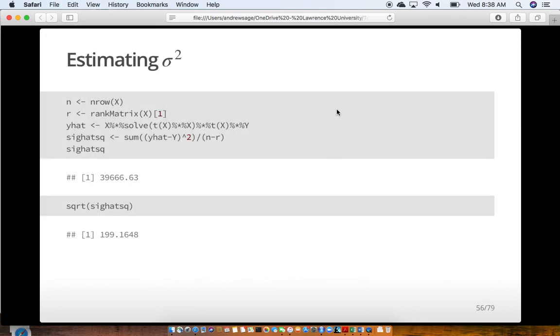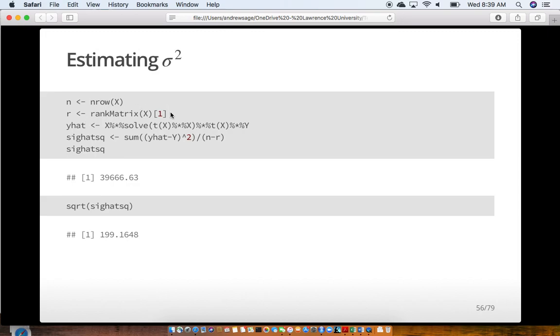If we want to estimate the error variance, we'll first calculate y hat, our predicted values, by taking the projection matrix X times X transpose X inverse X transpose Y and creating our vector of predicted values y hat.